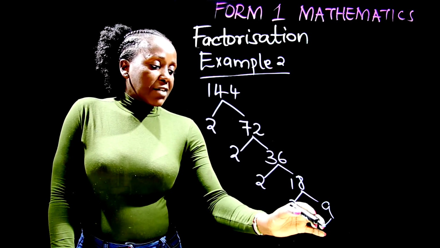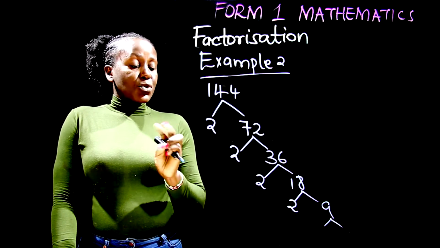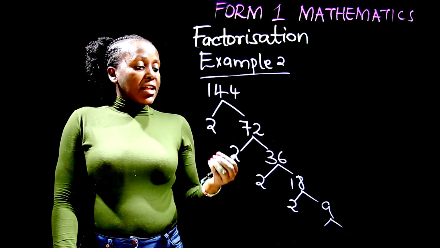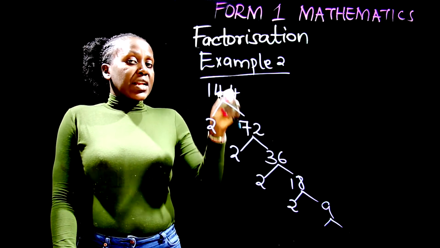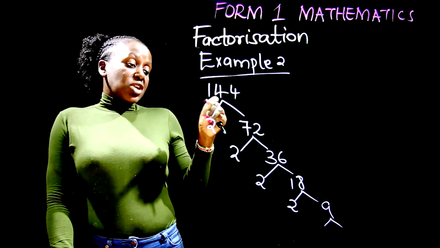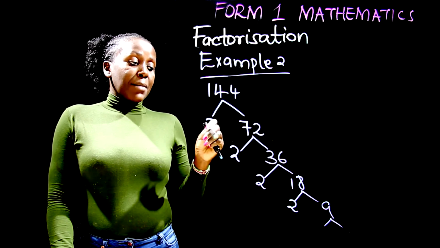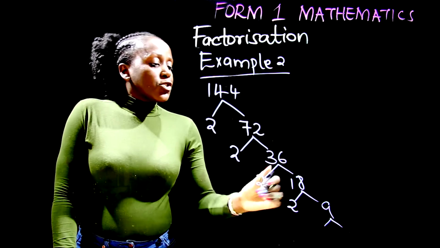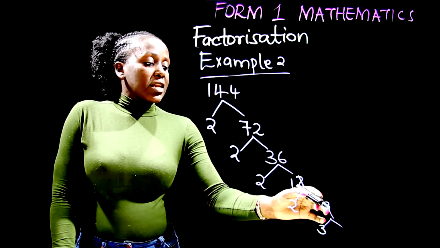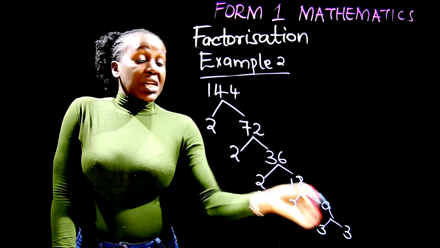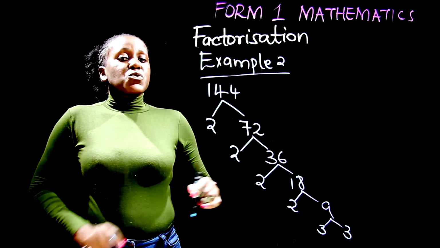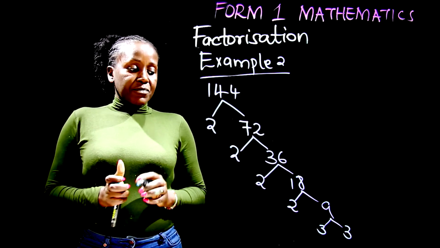Now, if you try dividing 9 by 2, you realize that 9 is not divisible by 2. Therefore, we move to the next prime number, which comes after 2, and that number is 3. So we divide 9 by 3, we get 3. And because 3 is a prime number, that means we cannot divide it any further.